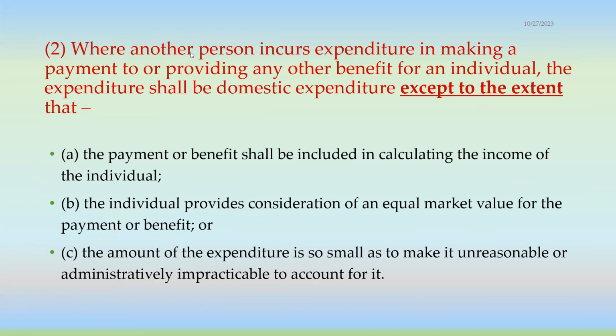Then the second category is where we incur expenses not on behalf of ourselves, but for another individual. That kind of expenses are also not allowable as a deduction, but only to the extent that the recipient, the benefit taker, declares that benefit in their personal income tax matters.